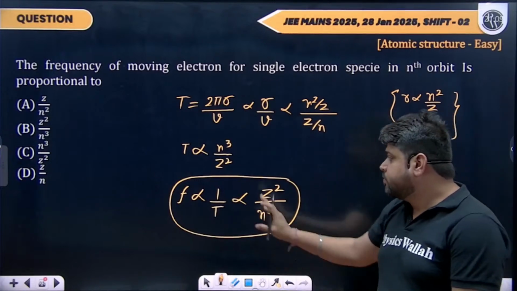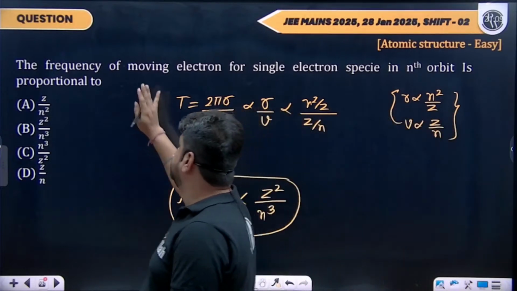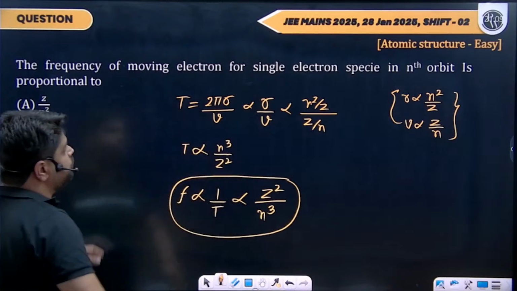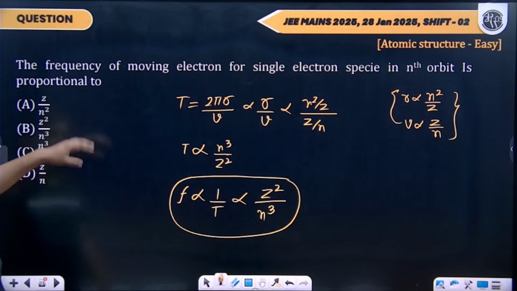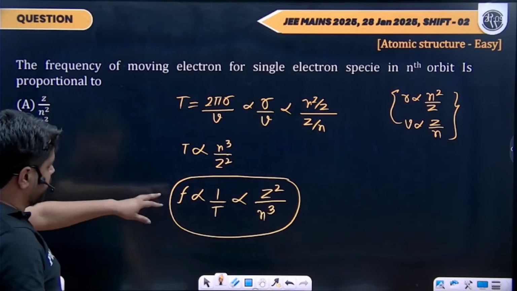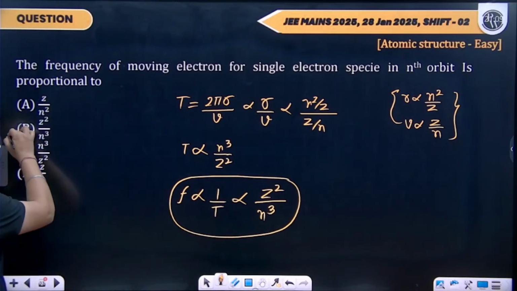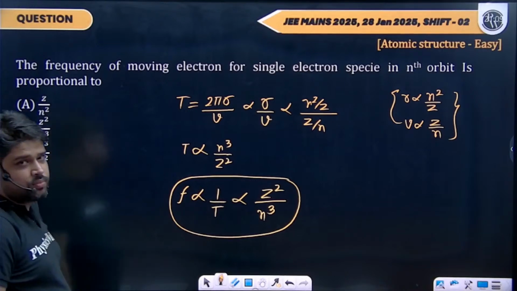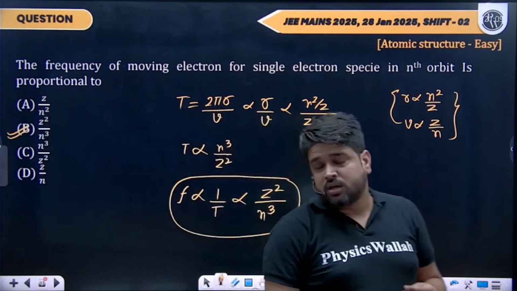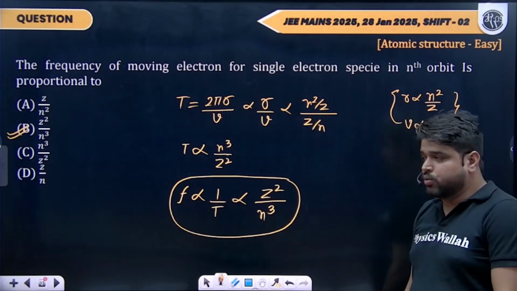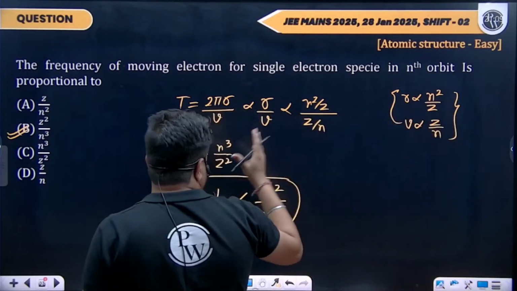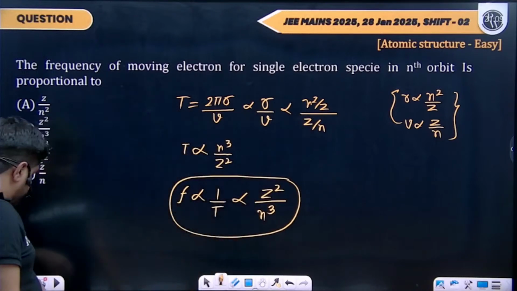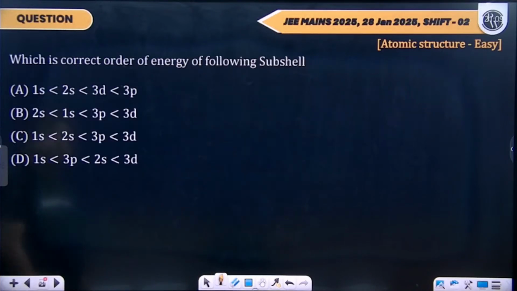The question asks the frequency of a moving electron for single electron species in the nth orbit, so frequency is directly proportional to z square upon n cube. So here is the answer: z square upon n cube. This is an easy question asked from atomic structure. So let's move forward to the next question.